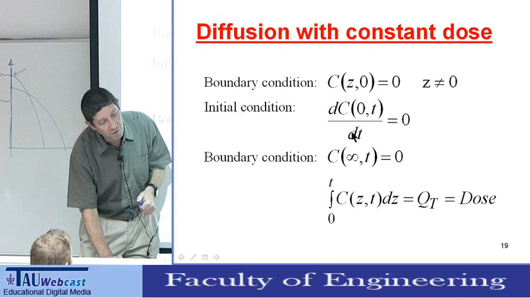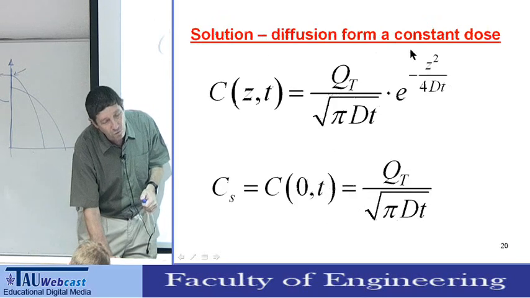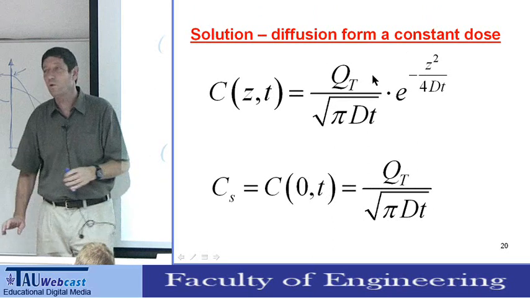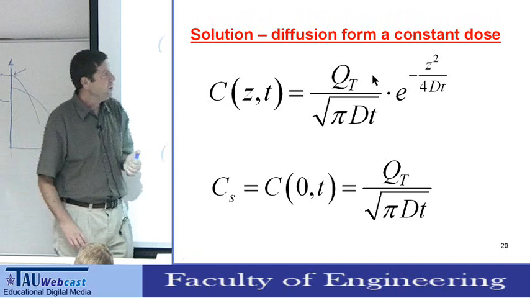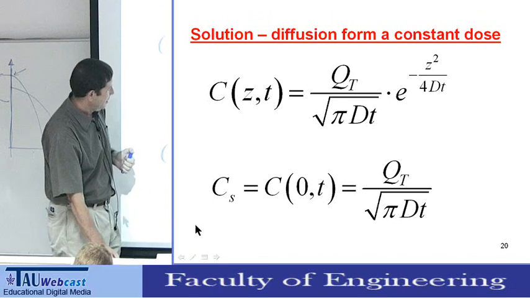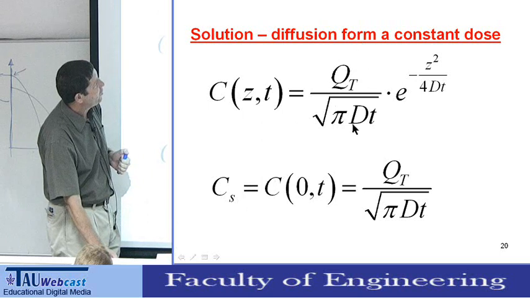Why did I put here this C? I think it's also a typo. It's the derivative over x equals 0. So it's the boundary condition. Solution: diffusion from a constant source. Unlike the previous, it's not an error function, it's a Gaussian. And you can see the concentration at the surface is going down.